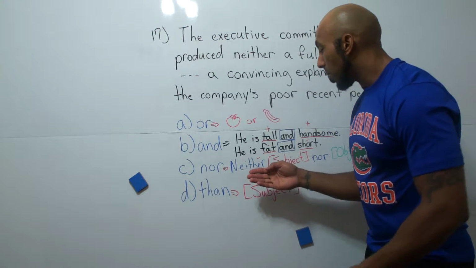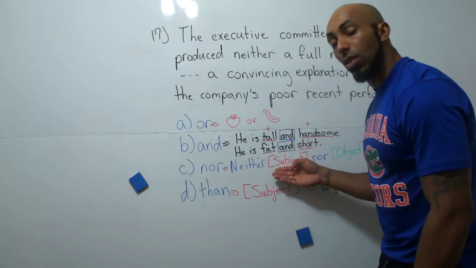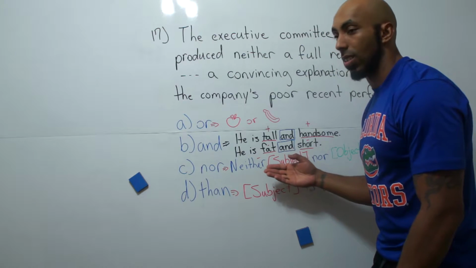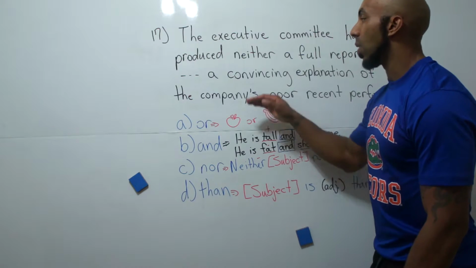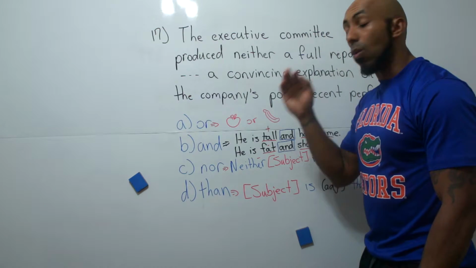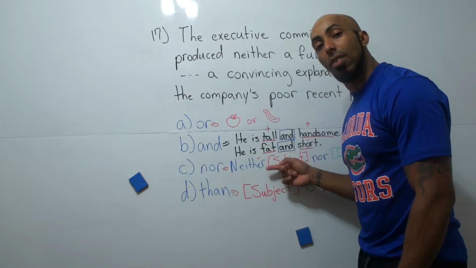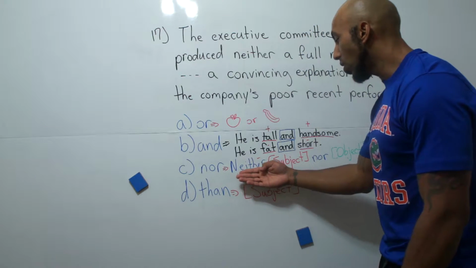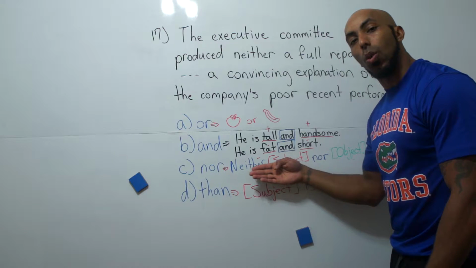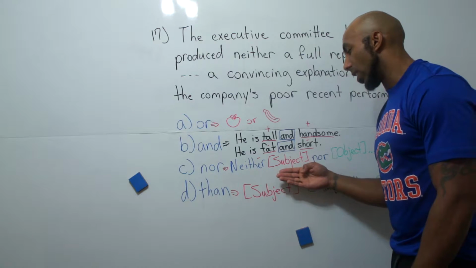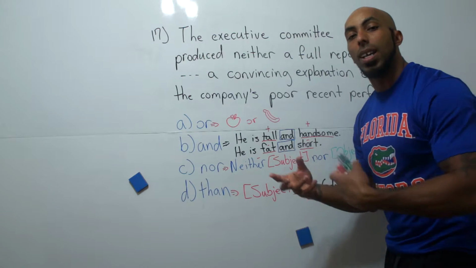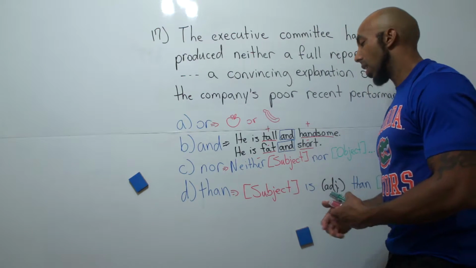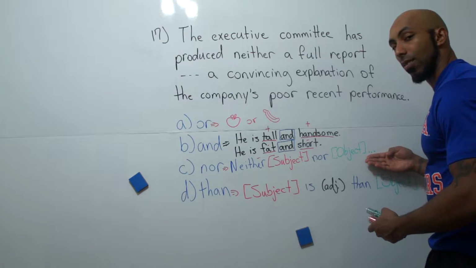But this doesn't mean that after the neither there has to be the subject that follows the neither. That's not true. And as you can see, we have neither in this sentence, and what follows or comes after the neither is not the subject of the sentence. This is just a scaffold or an example that I've written to give you some idea of how you can use neither nor. Okay, and like I said, we can have anything after the object.